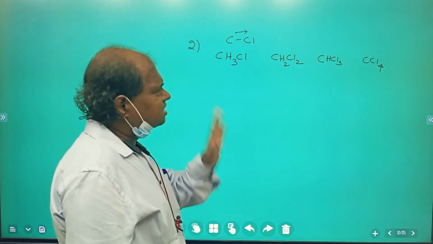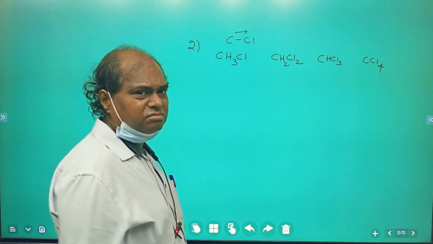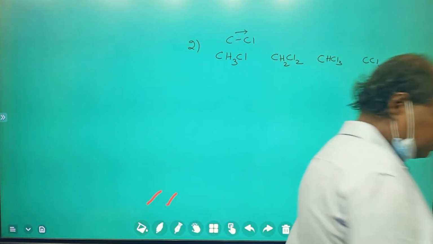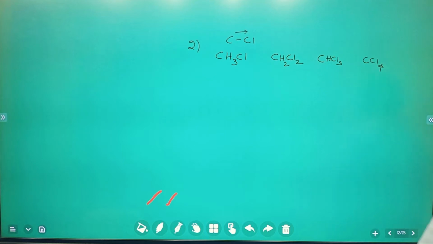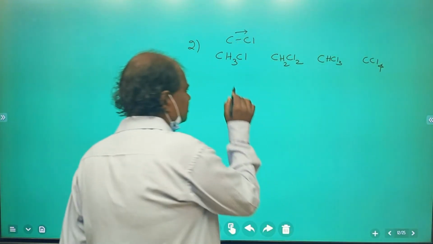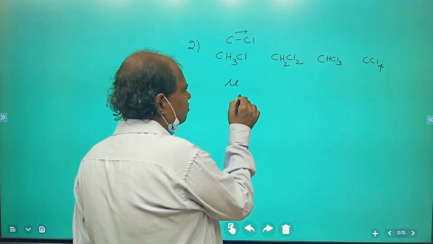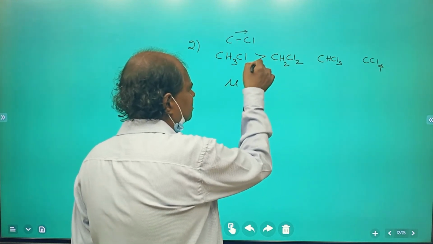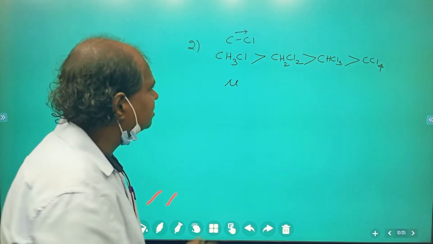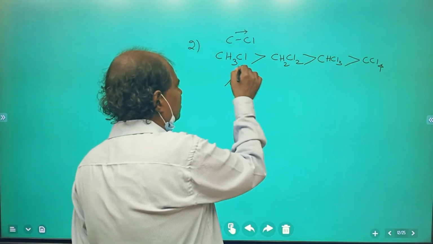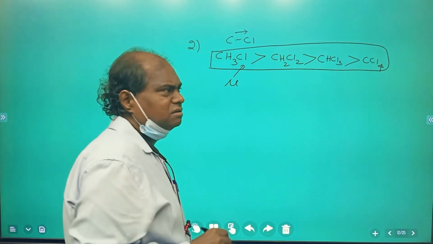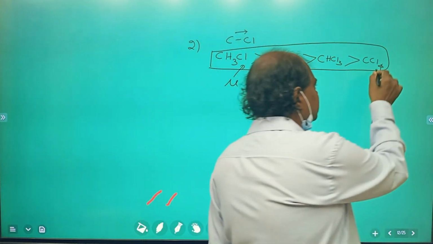Now again, students, the order is as given here. Again, you do vector addition. This vector addition, I think your physics sir will teach you more when you do the chapter on vectors, right? But remember, the order for dipole moment is the same thing I have to write. This is the order of dipole moment. Clear?